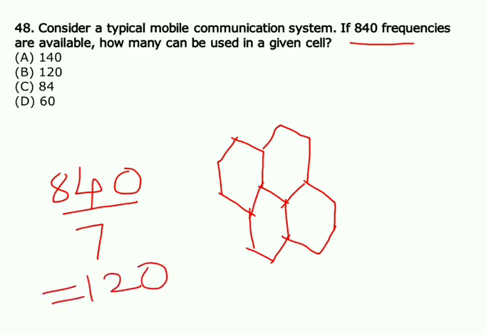So 120 frequencies are typically available for each cell in this scenario. The option here is option B, that is 120, based on the standard reuse factor.